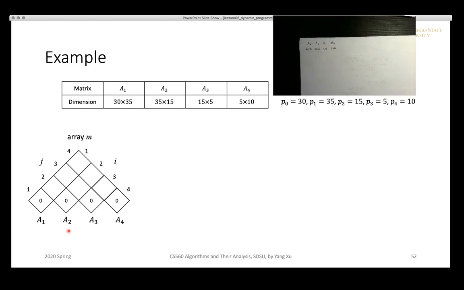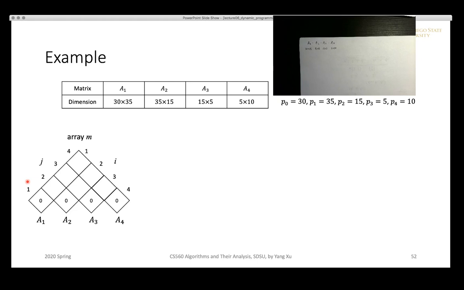Okay, so let me just show M first. M is a 4 by 4 array, but because we only use half of the elements in it, we are showing this diagonal part of this 2D array.